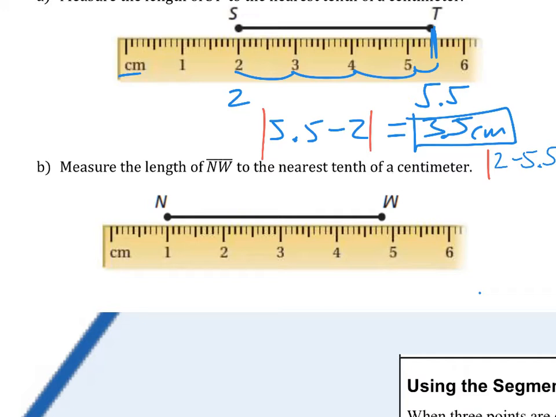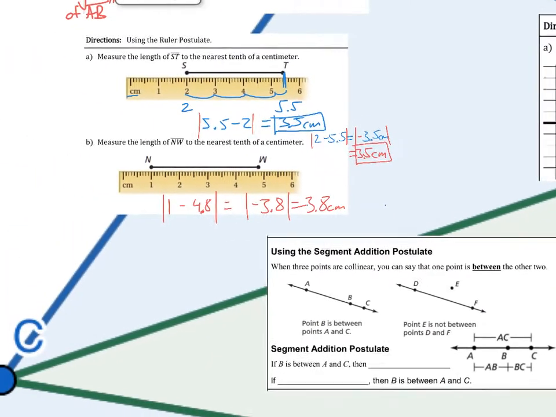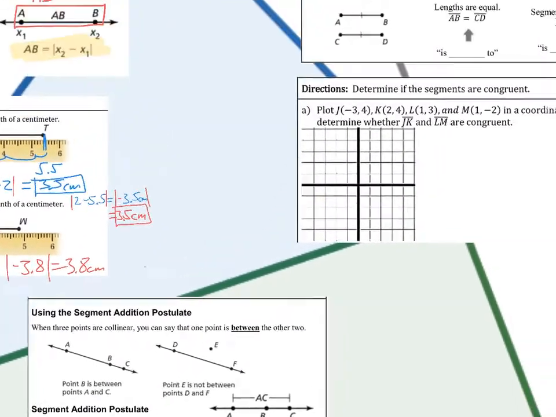What about this guy? I've got a point at 1 and a point at, maybe 4.8. Well, we can subtract those. Wait a minute, that's negative 3.8. We're going to take the absolute value, and it's just 3.8. So that's our first little postulate. Subtract and find the lengths.